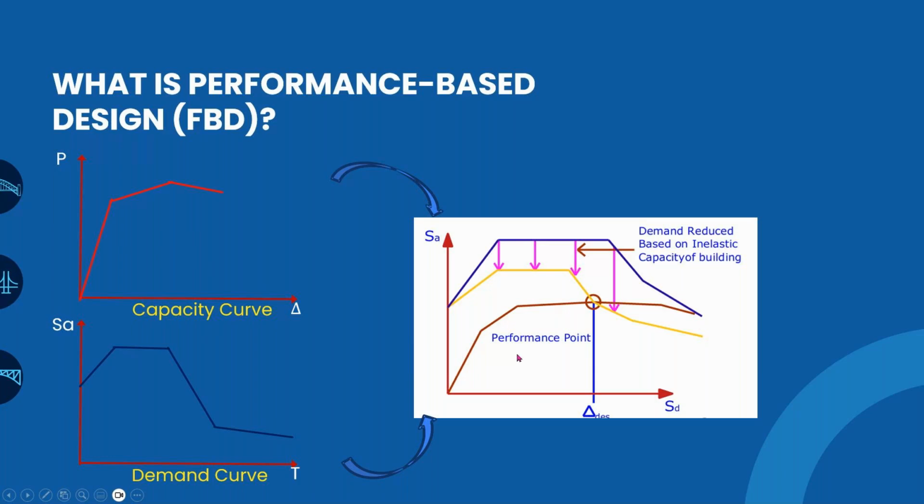To evaluate the performance of the structure, we reduce the demand of the structure, such that we match the damping of the structure that it will face during a seismic event, so that the demand and the capacity of the structure are met at one particular point, and that particular point is called the performance point.